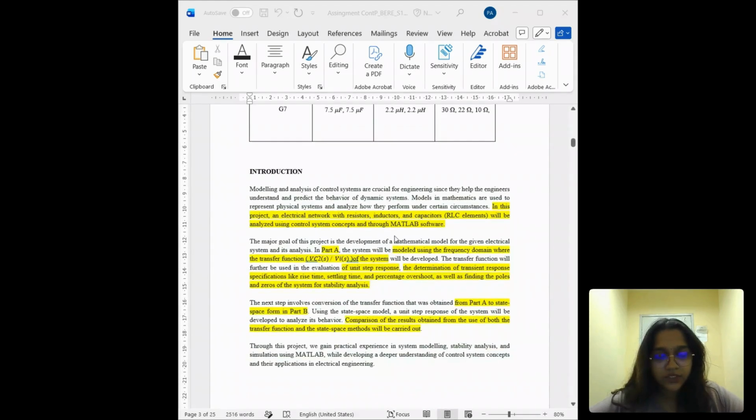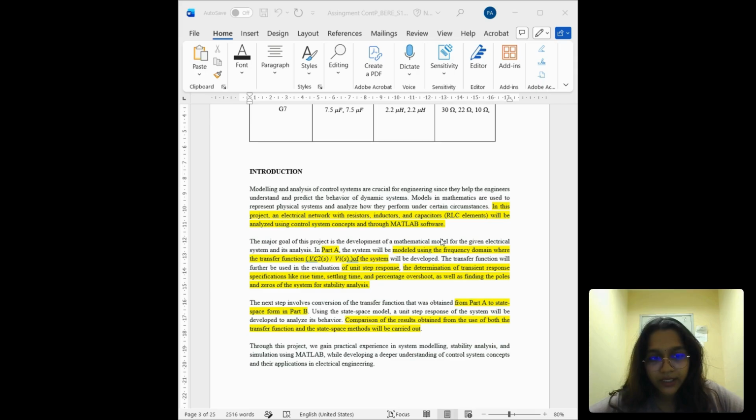As for the introduction, in this project, an electrical network with resistors, inductors, and capacitors, which are RLC elements, will be analyzed using control system concepts and through MATLAB software.